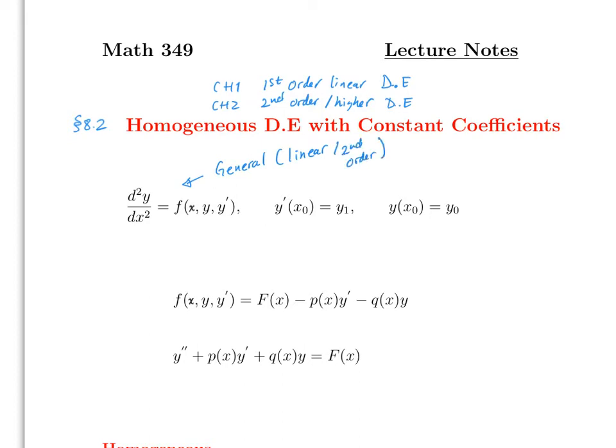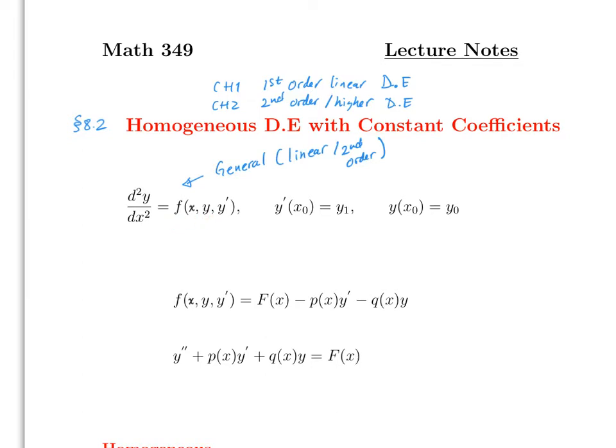Remember, the second order means the highest derivative is 2. Okay. All right. So now, this is technically what we're trying to solve. And now you need two initial conditions because you have two derivatives.